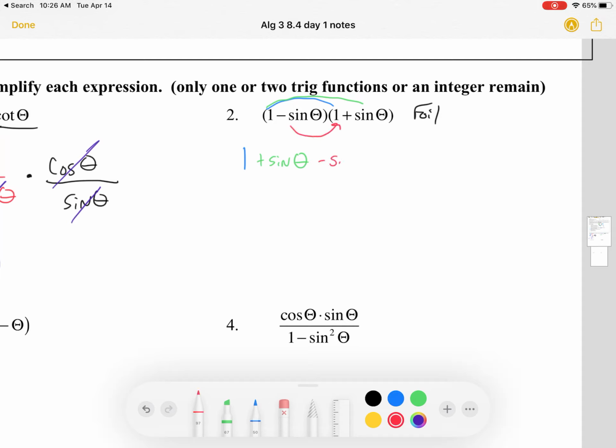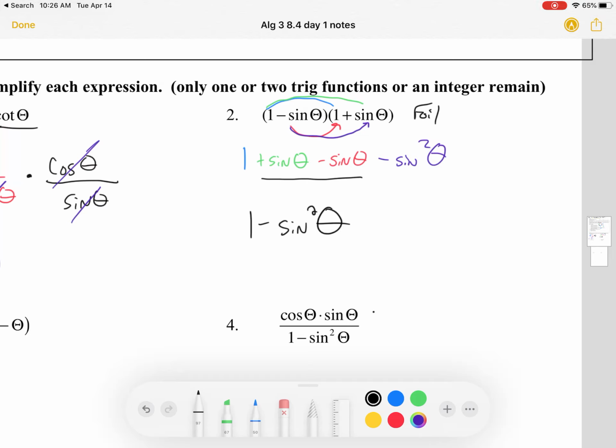Negative sine theta times 1 is minus sine of theta. Negative sine theta times positive sine theta is minus sine squared of theta. Now what you should see is, right here, plus sine theta minus sine theta, those cancel. So I now have 1 minus sine squared theta.